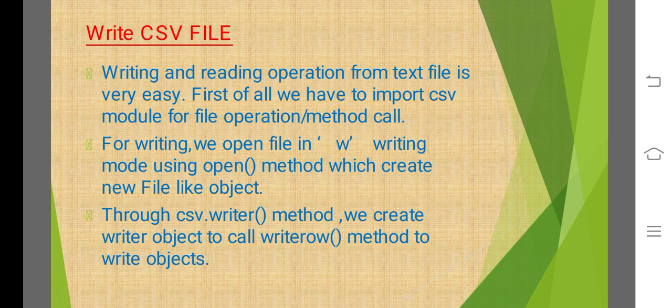After that, writerow writes one row of data into the writer object. writerow is used to write one row, but writerows is used for multiple rows. These are the three functions which are used for writing a CSV file.